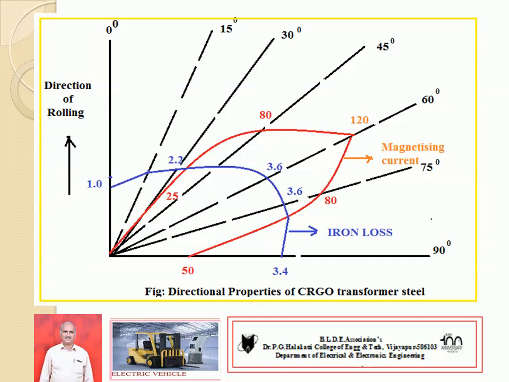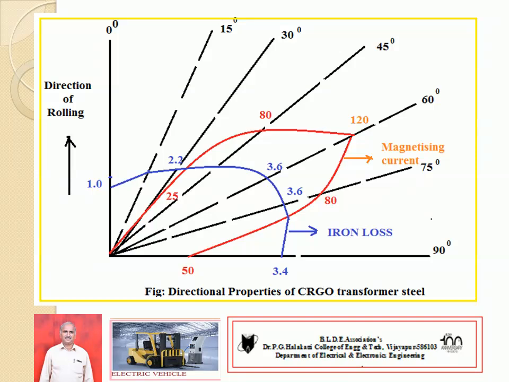It is clearly observed that the iron loss goes on varying from 1, 2.2, 3.6, 3.4 and so on. Similarly, the magnetizing current also keeps changing: 25, 80, 120, 80, 50, and so on.